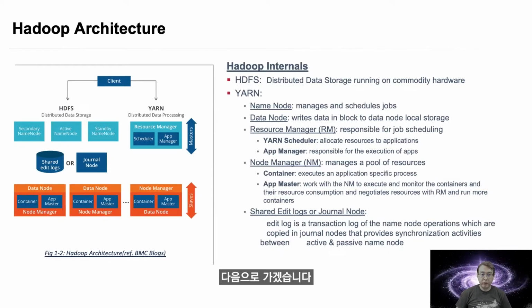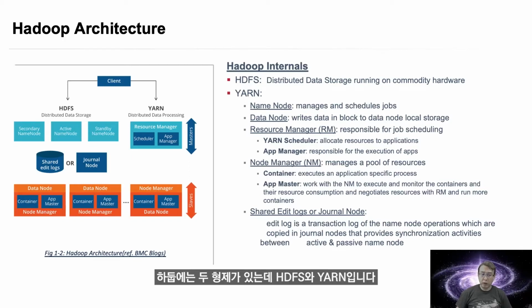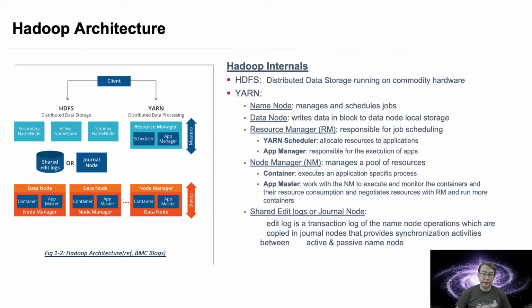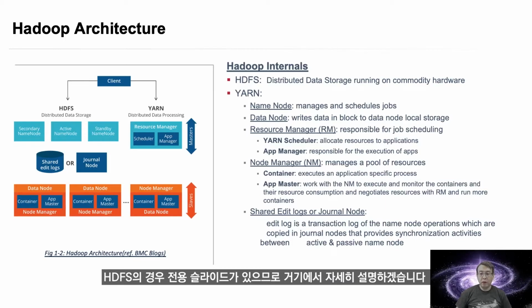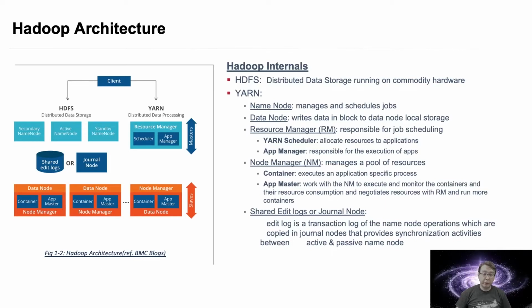Okay, then let's get to the gut of it. Hadoop architecture. So you have two siblings in Hadoop, HDFS and Yarn. For HDFS, I have a dedicated slide for it, so I will deeper dive in there.